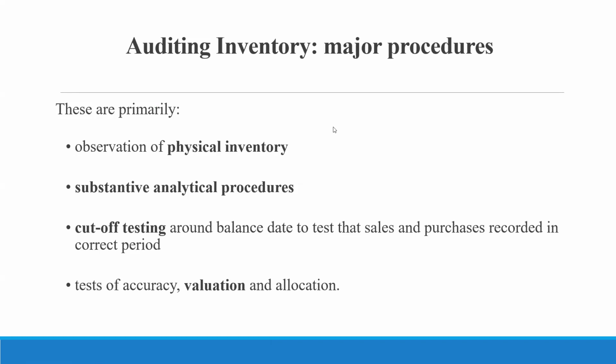If by observation you feel the company has good control and physical inventory stock take, you could rely on the company's stock take results as your own evidence. But if you are not confident, auditors would like to do their own independent inventory stock take as well.